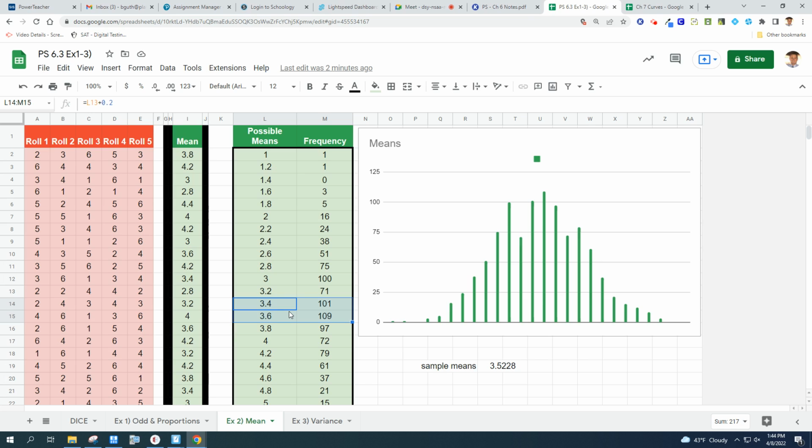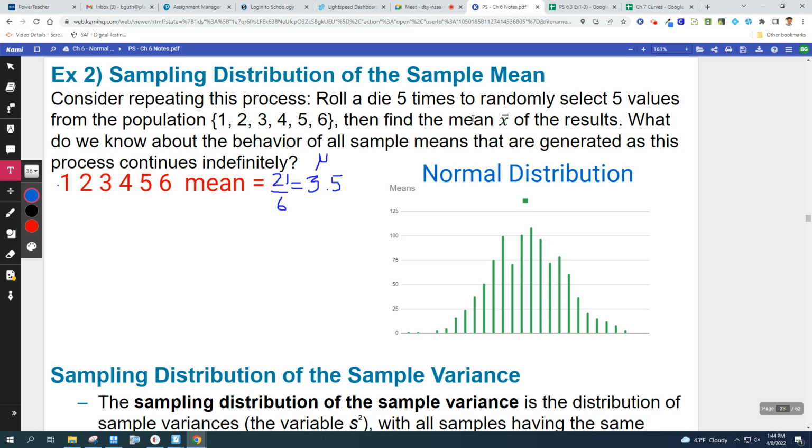Okay, so what I did was I found the means. I found the average of all these means. So I took this whole column and found the average of this column, and lo and behold, I got basically 3.5. Right? That's kind of your takeaway.